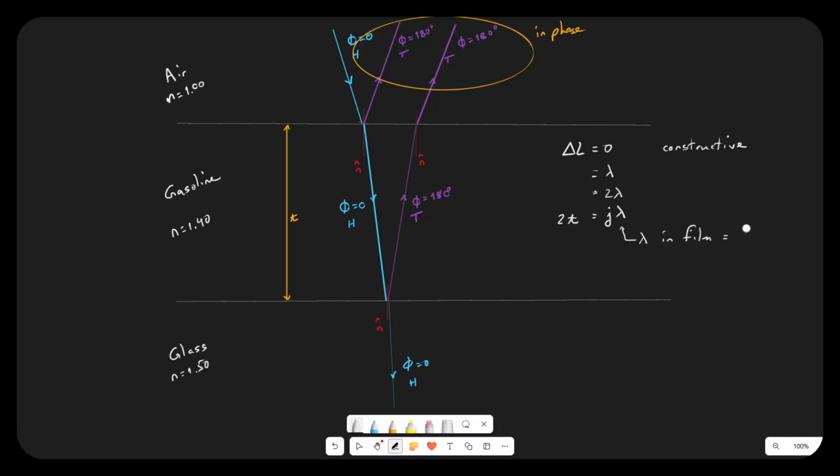So this is still actually my incident wavelength divided by n film, which means 2 thickness n film equals j lambda incident is the formula that I want for constructive.